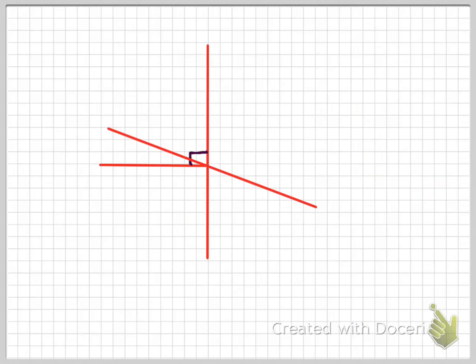I want to see if we can do this. I want you to tell me what x is. I want you to tell me how many degrees x is. Think. Don't say it out loud. Figure it out.